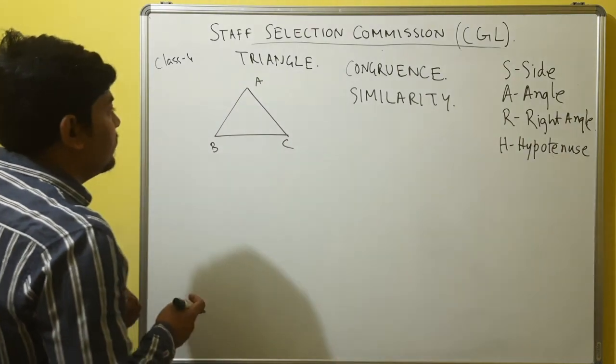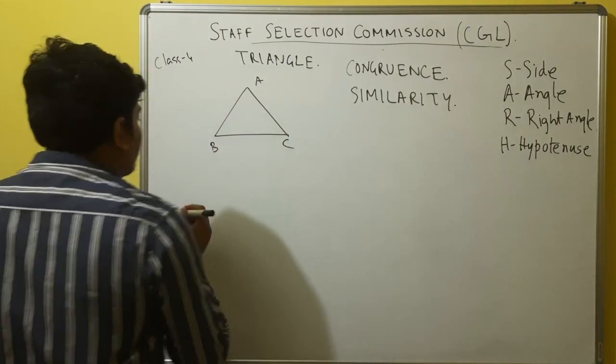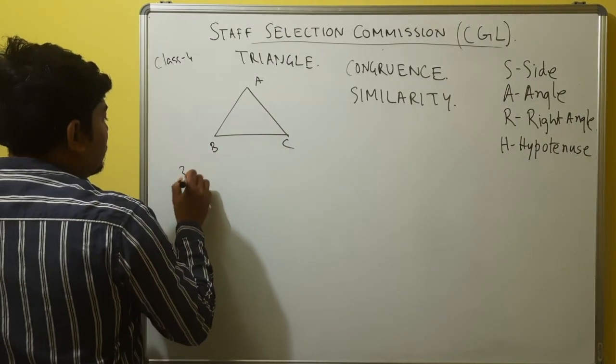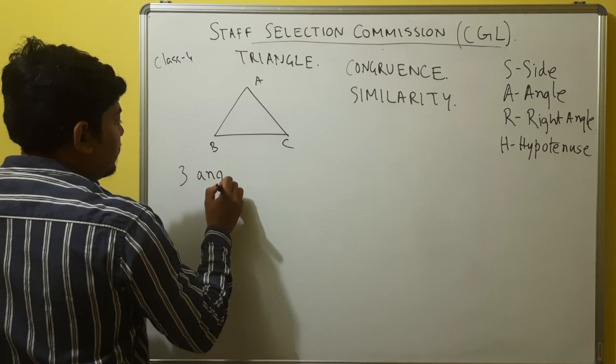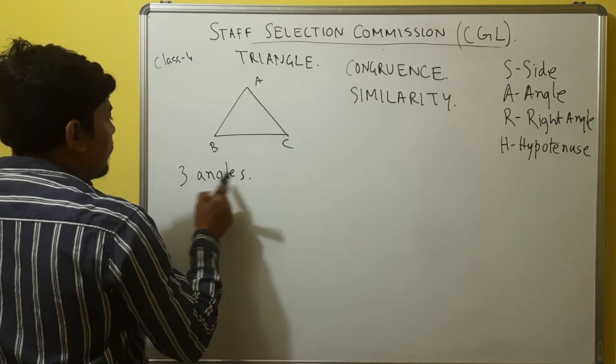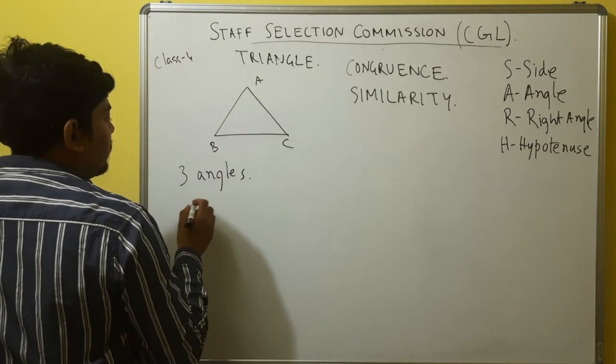When it's a triangle, it has a few properties. A triangle forms three angles, isn't it? What are those angles?